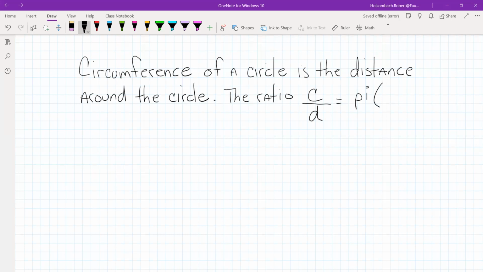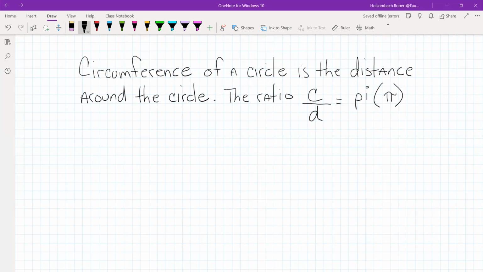And the symbol for pi is... it's 2 above and 1 to the left of the 7 on your calculator. And it's in parentheses right here. We're going to cover that here in just a second.